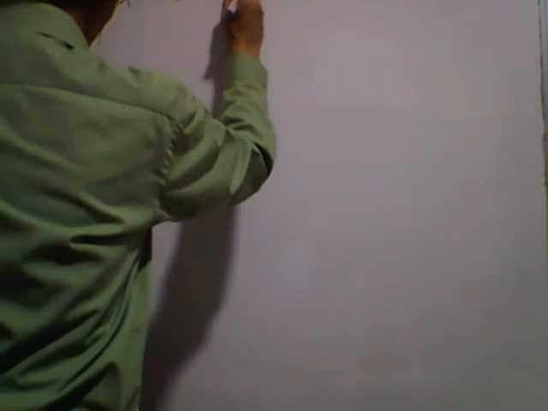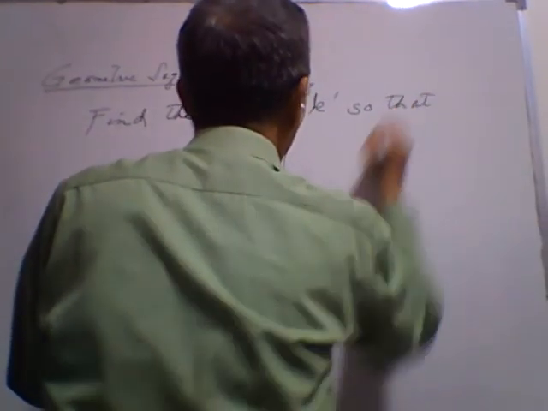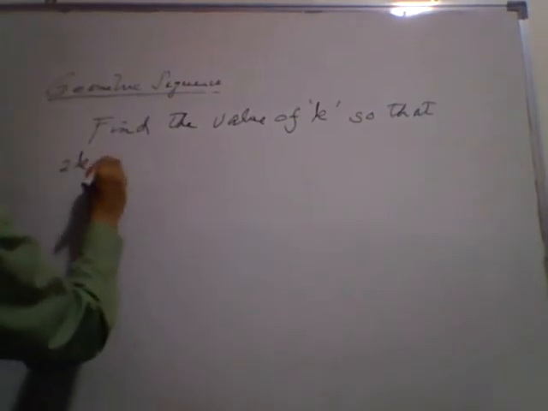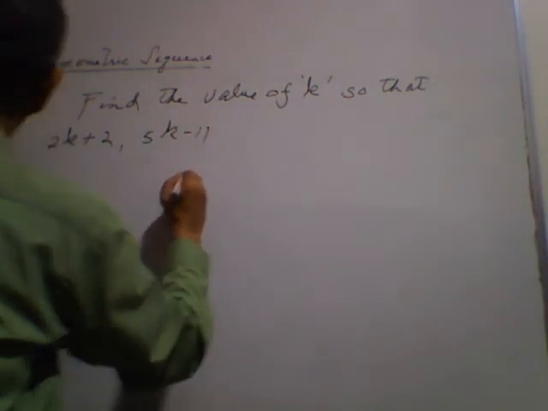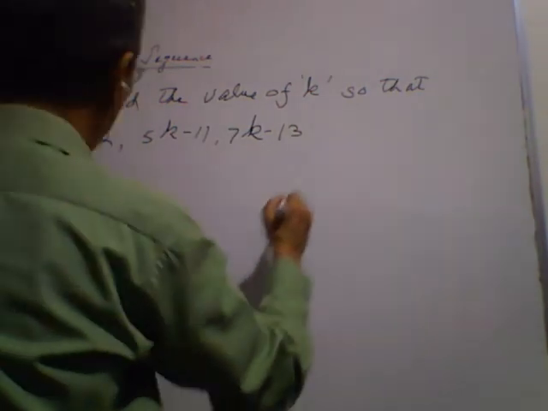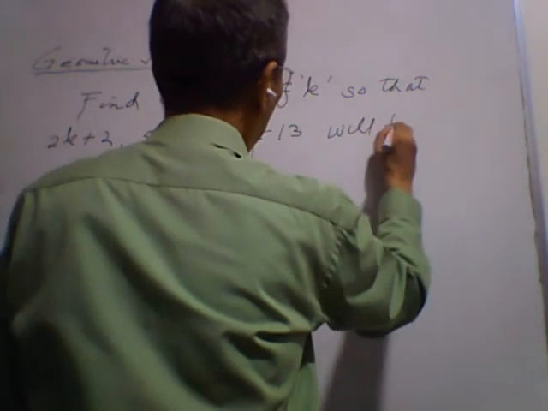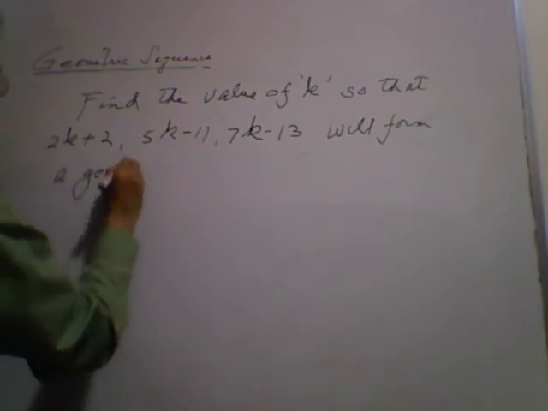So for our next problem, we have here, find the value of k, so that 2k plus 2, 5k minus 11, and 7k minus 13 will form a geometric sequence.